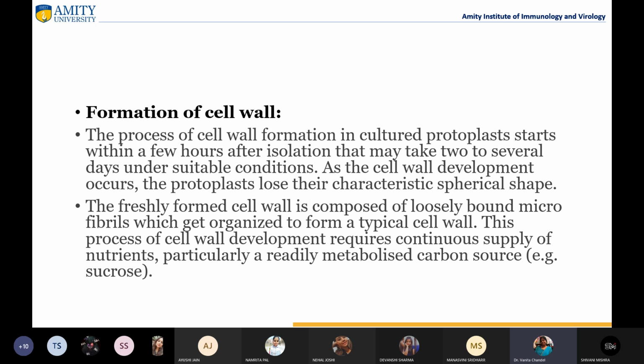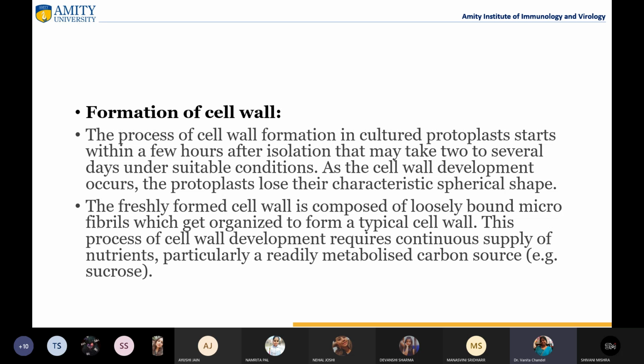The formation of the cell wall. The process of cell wall formation in cultured protoplast starts within a few hours after the isolation. That may take 2 to several days under suitable conditions, right? As the cell wall development occurs, the protoplasts lose their characteristic spherical shape. After the cell wall is removed they become spherical, and after the cell wall is formed, that spherical shape is lost.